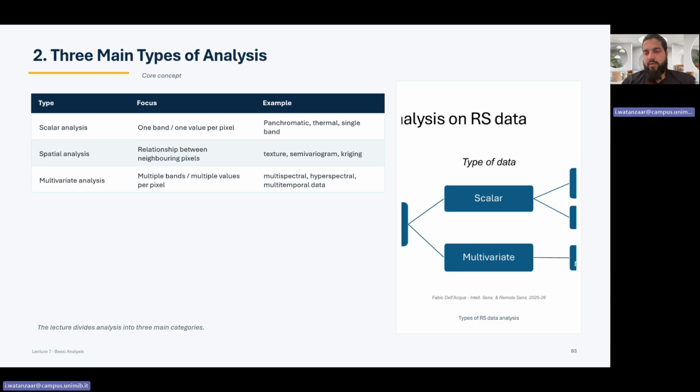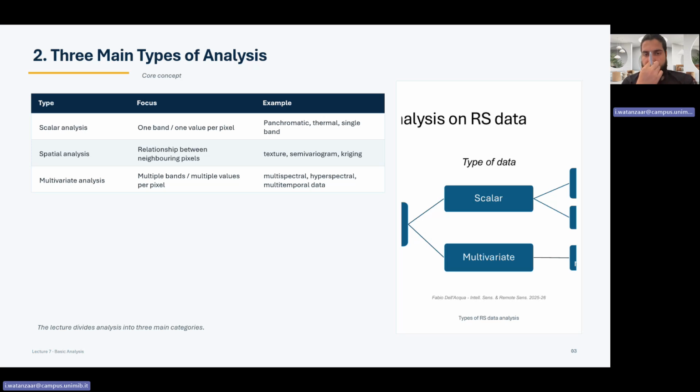This is about multispectral or hyperspectral data, where the bandwidth between the multiple bands is very low, like 2 to 5 nanometers in hyperspectral, and even lower in ultraspectral. So here we have multiple bands or multiple values per pixel.